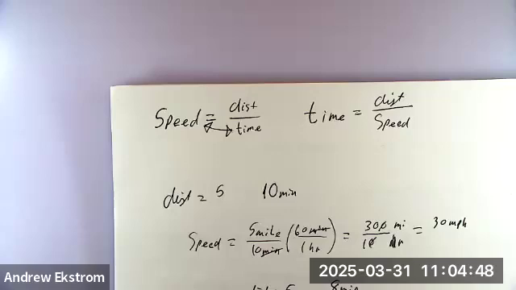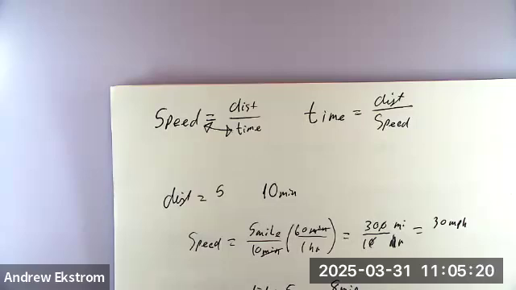So I can say here time in hours, and then come over here and say time in minutes. So whatever the time is in hours times 60 minutes per hour, I can drag all that down.